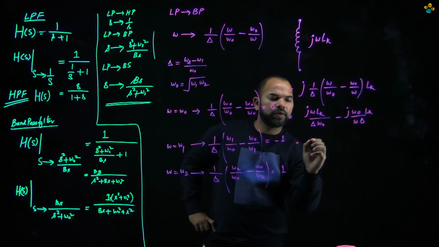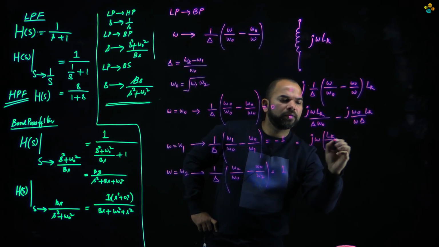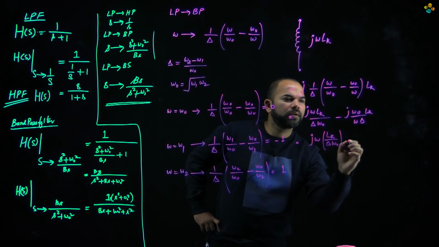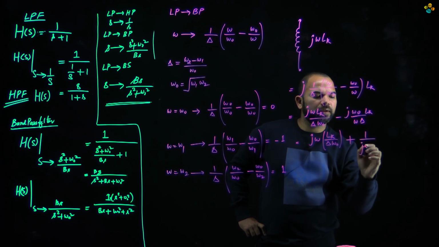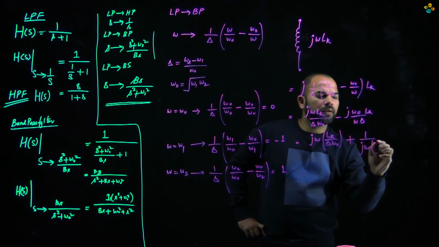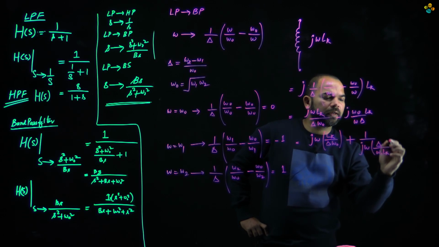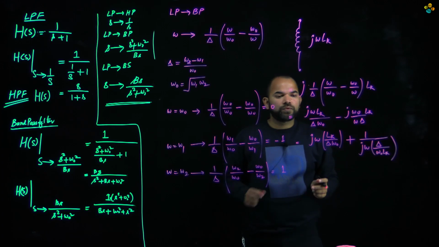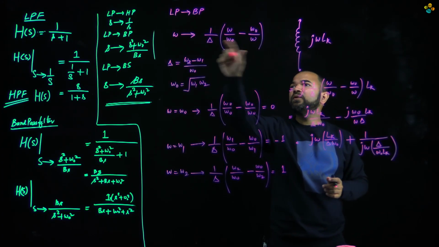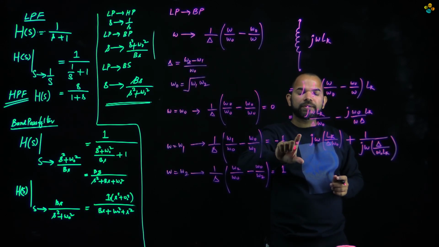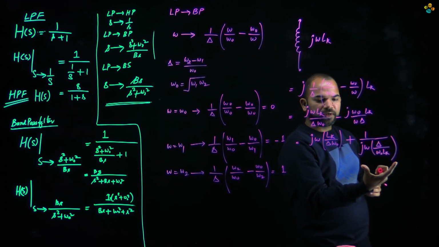So if we rewrite it, it is j omega Lk divided by del omega naught, plus 1 over j omega del over omega naught Lk.